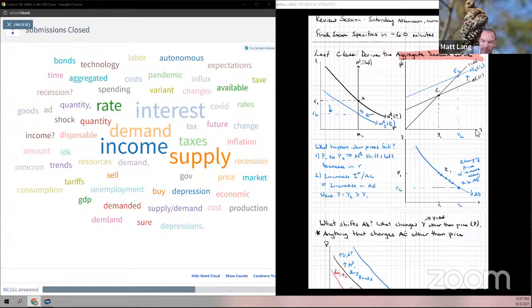Does AE shift AD? Are they proportional? Yeah, so we can think about this level of Y1 is associated with this one, this level of Y2 associated with this. And we could say, hey, what if AE, and we'll do this in a little bit, what if AE shifted up for a reason other than price? Well, now we would just move our AD right over here, okay?